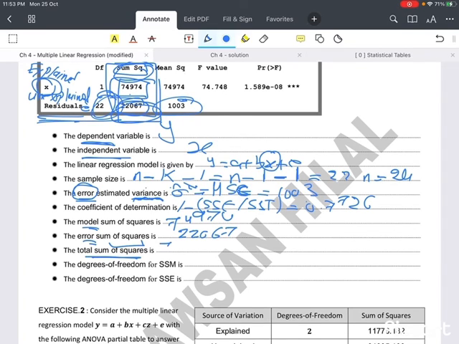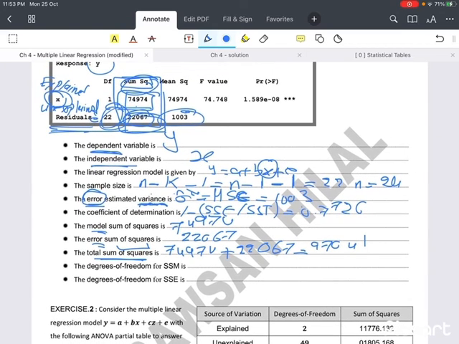So we'll add 74974 plus 22067. It will be 97041. Okay, the degree of freedom for SSM, which is sum square model.